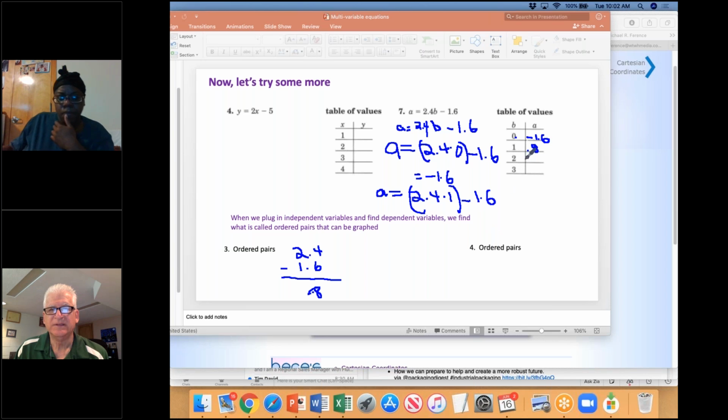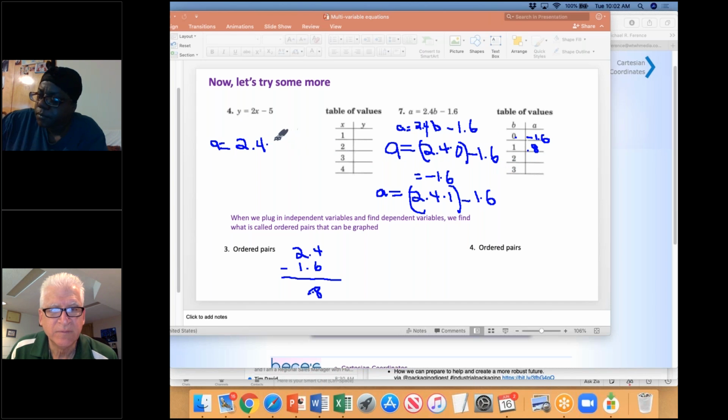Now I'm going to plug in 2. I'm just going to write it over here where I have some space. A equals 2.4 times 2 minus 1.6.